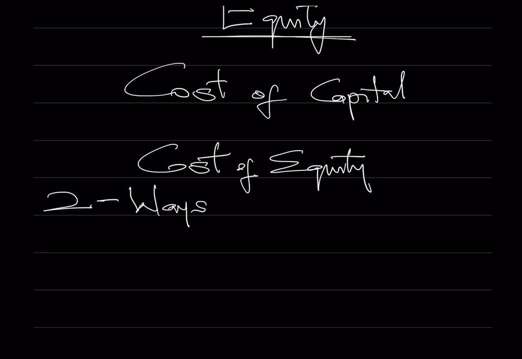If it's going to cost you so much, then you ask yourself, if you take it, can you put it in an investment that will give you much more? If there's no investment that will give you more, then it's not worth taking more money from the equity holders. Or you might ask yourself, if this costs so much, how much will it cost to use debt? So you check which one is cheaper, and if the other one is cheaper, you go for the other one.